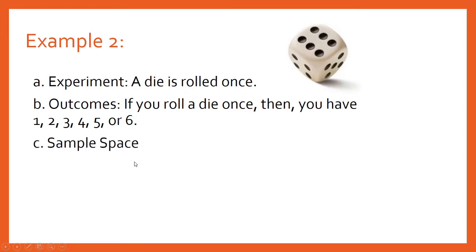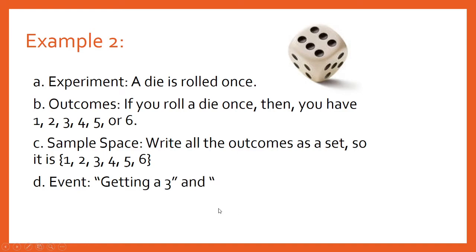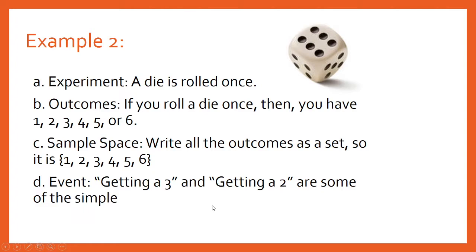And the sample space, so you write this as a set. So we have the set of 1, 2, 3, 4, 5, 6. And then, for the event, the event of getting a 3 or getting a 2, or some of the simple events. So, getting a 1, getting a 4, getting a 5, getting a 6. So, yun ang event.